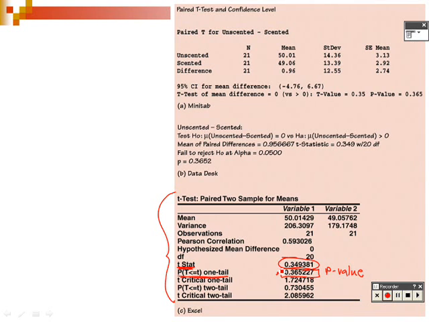Notice that if it was a two-tailed, this right here would become our p-value, and you should notice that this one right here is 2 times our p-value, and that's because when you have two tails, you've got double the area to contend with.